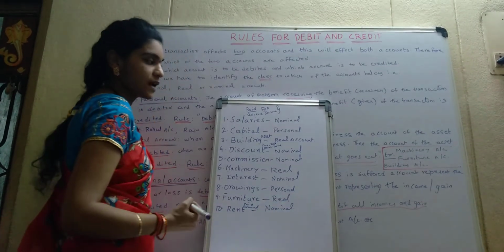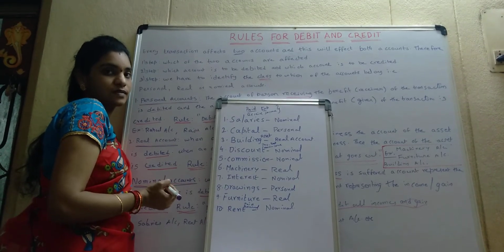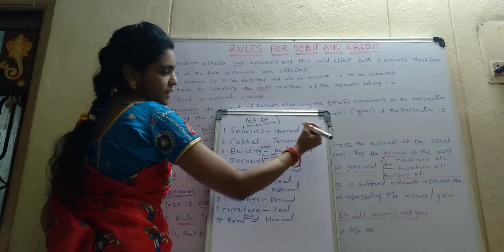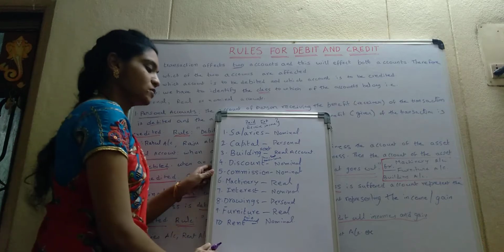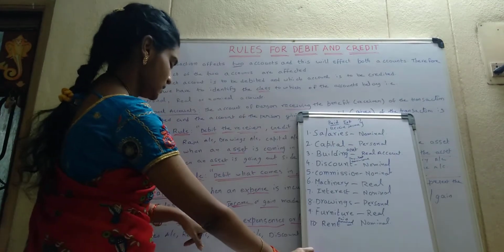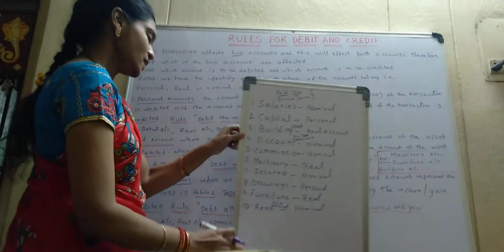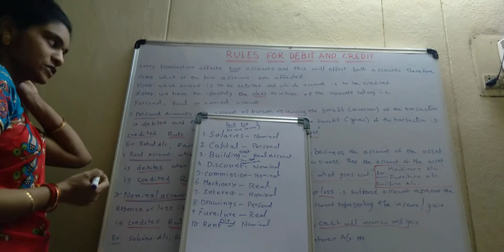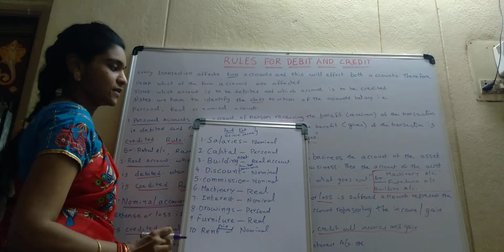Now I think you are able to identify the types of accounts. Then just apply the rules. What is the rule for nominal account? Debit all expenses, credit all incomes and gains. What is the rule for personal account? Debit the receiver, credit the giver.